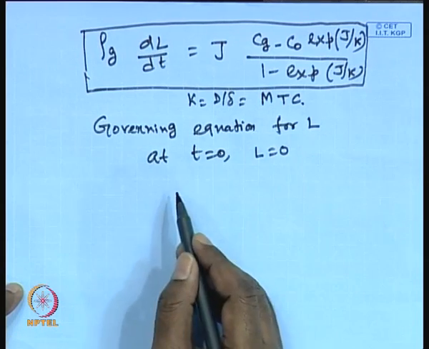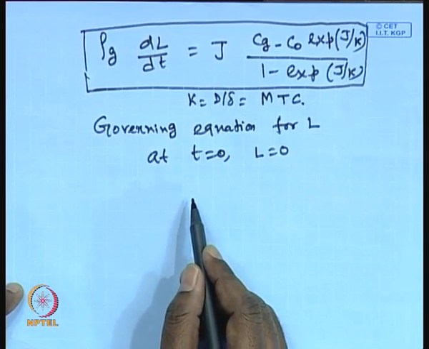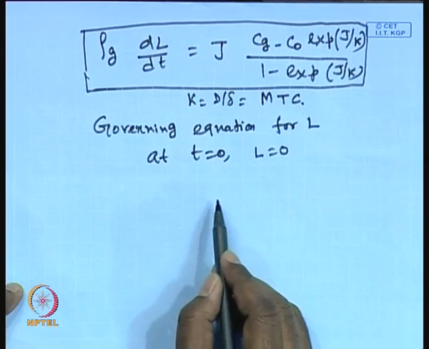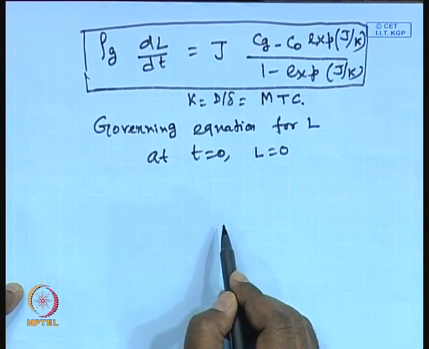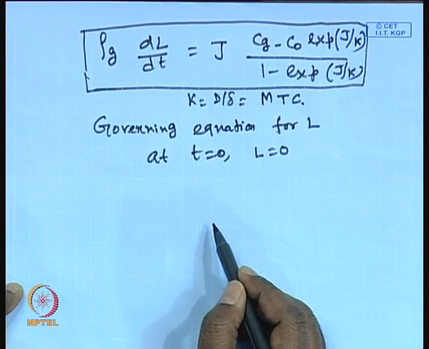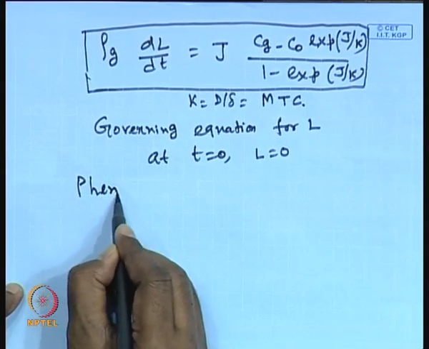So, for that what we will assume, if you remember the schematic I have drawn in the beginning of this class, is that there is a concentration boundary layer, there is a gel layer and there is a membrane. So, gel layer resistance and membrane resistance are put in series. So, we can write the phenomenological equation to connect that.